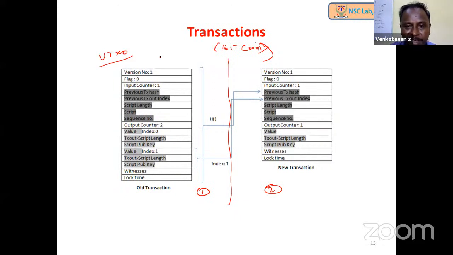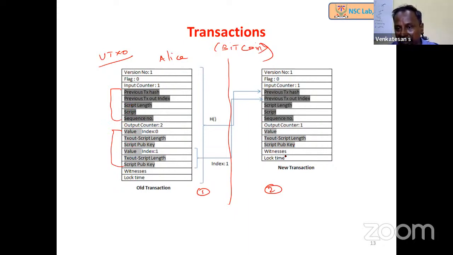For example, let's consider this is with Alice. Now, this contains two parts, the input part and the output part. So this is considered as an unspent transaction. This is considered as the spent transaction, which is already spent. Because of this transaction only, we are creating the new transaction.